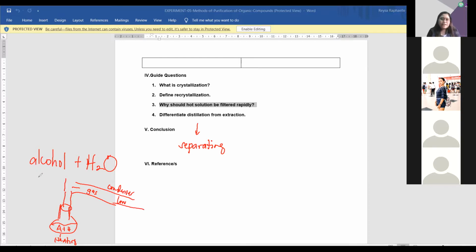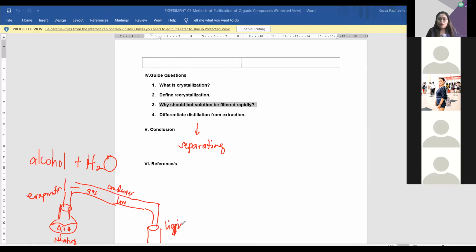So dalawang process yung sa distillation. The first one is evaporation and then the second one is condensation. So ang liquid magiging gas, pero ang gas pagdating sa condenser magiging liquid siya ulit. So makukuha mo siya dito sa receiving flask as liquid.